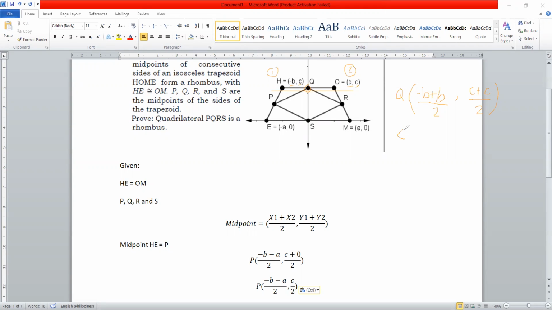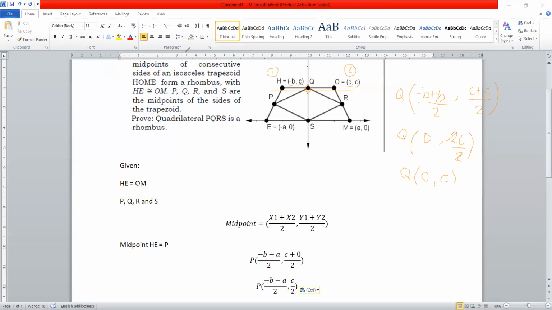Simplifying this further, negative B plus B is like B minus B, so 0 divided by 2 is simply 0. And C plus C is like 1C plus 1C, you have there 2C over 2, and the 2 will cancel out. So the coordinate of point Q is just 0, C.